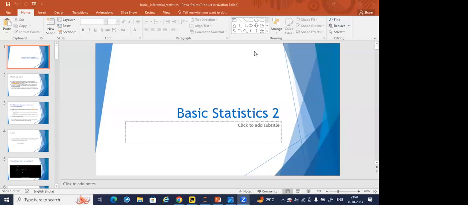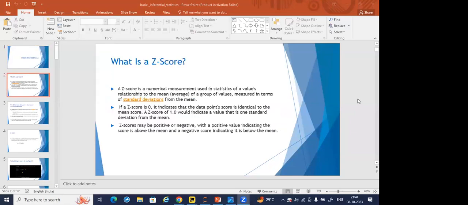So here, let's understand z-score now. Students, you can find all this PPT in the Notes and Resources repository. Once you navigate to the Notes and Resources repository, in the bottom last section you will get certain links. Inside those links, these PPTs are there. You can just check it out.